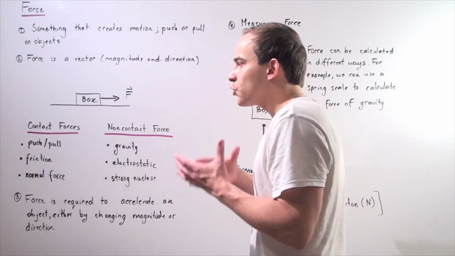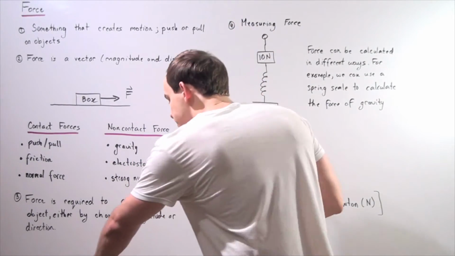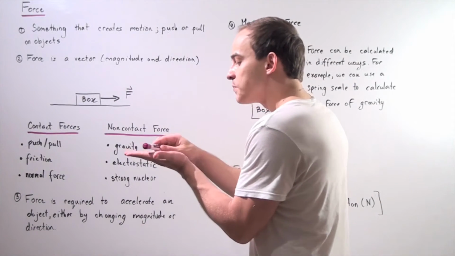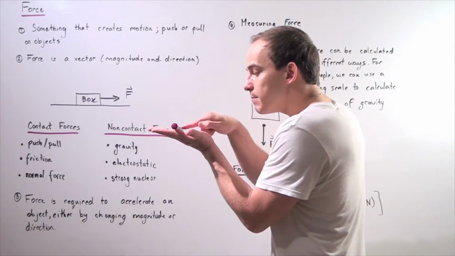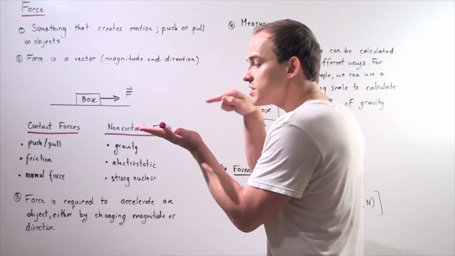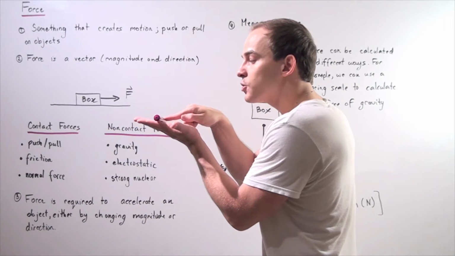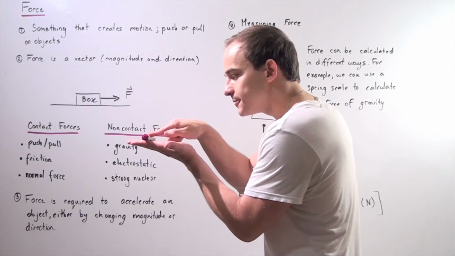Contact forces are created or exist when objects are physically touching. For example, if I have this marker and it's stationary on my hand and I physically touch it, my marker will move because I'm creating a force. I'm exerting a force, and so I'm creating motion. My object begins to accelerate.